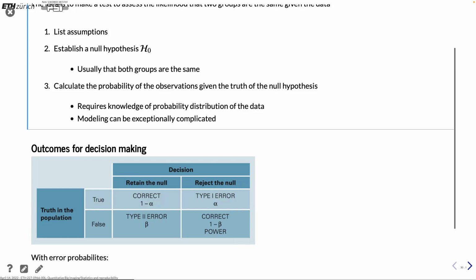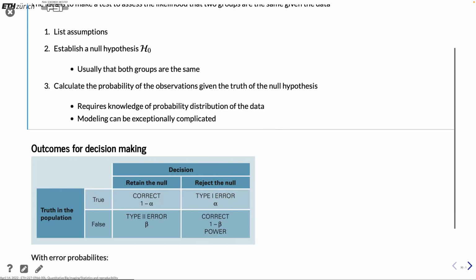But usually you can base it on this matrix, where retaining the null is the correct answer. Then you have the probability alpha, in this case, where the null is true in the population, and rejecting the null gives you a type 1 error. So that would be with some kind of probability alpha.